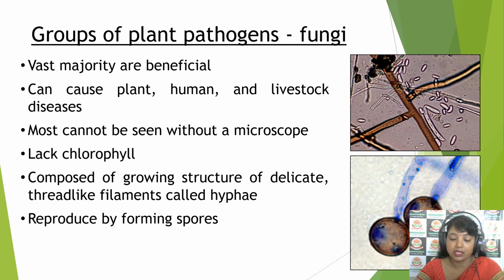There are more than 50,000 to more than 1 lakh known species, and there are many other fungi as well. Till now we have discovered about 50,000 to more than 1 lakh species, but there are many others than that also. So we can make out that fungus is a very vast majority.